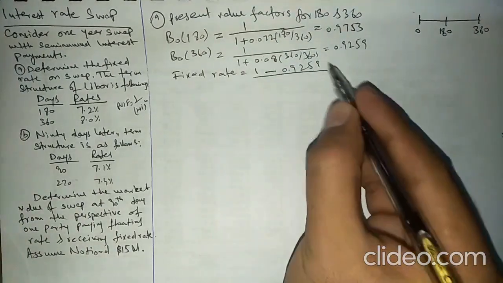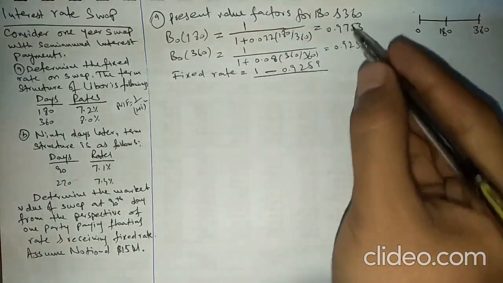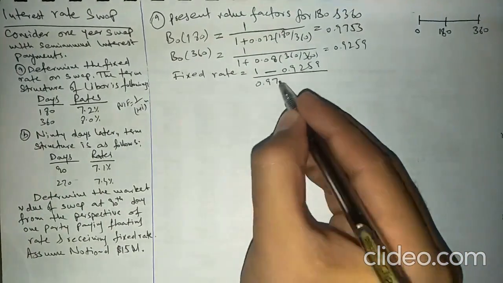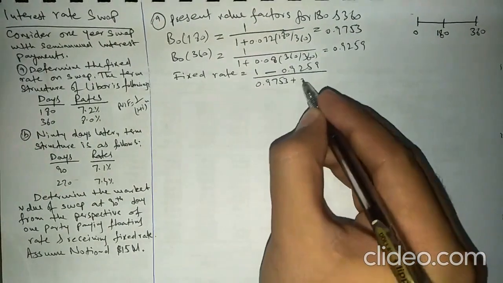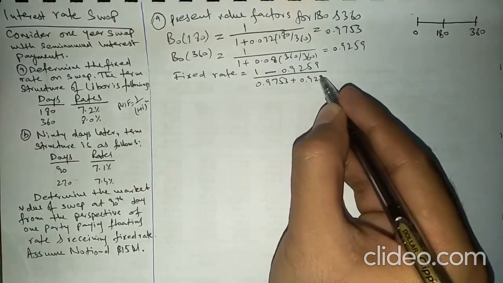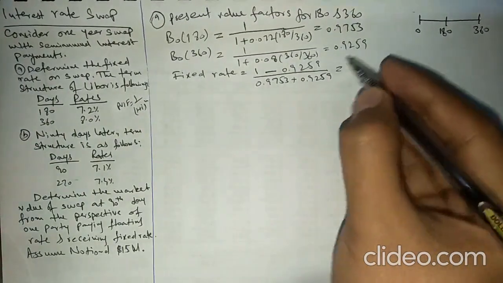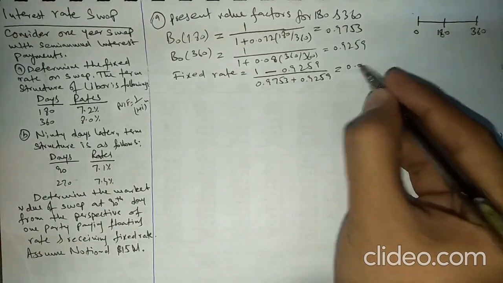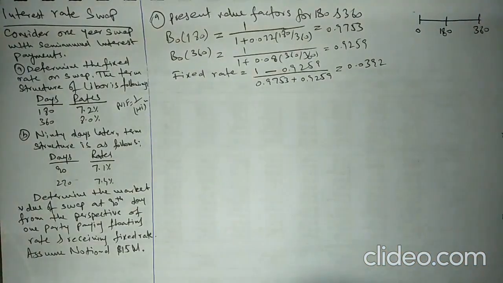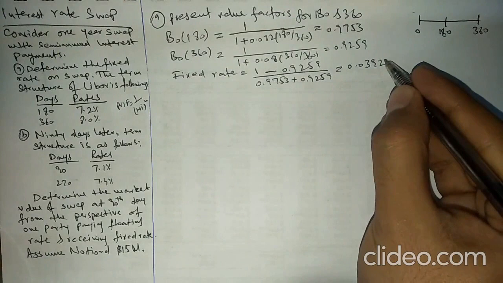So divided by the sum of all present value interest factors, 0.9753 plus 0.9259, and the whole answer is 0.0392.